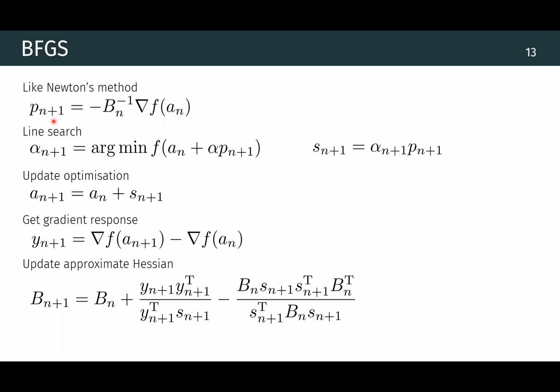So finding the next position, the next value in here, if you piece things together, is exactly the same thing as in a Newton method. There's no difference whatsoever. So Newton method plus line search is BFGS, with the exception that you don't really calculate the Hessian.